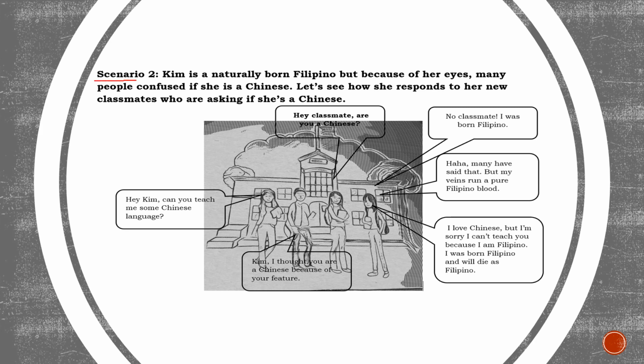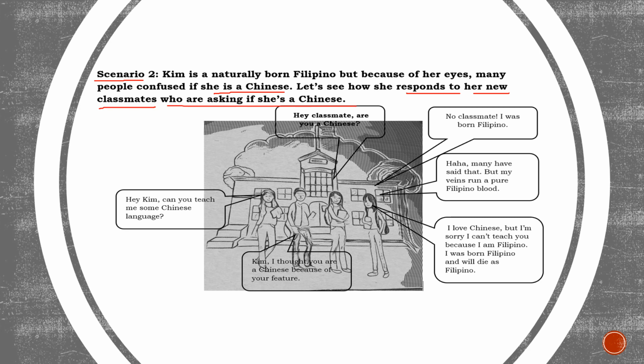Second scenario. Kim is naturally born Filipino, but because of her eyes, many people confuse if she is Chinese. Let's see how she responds to her new classmates who are asking if she's Chinese. "Hey classmate, are you a Chinese?" Then she replied, "No classmate, I was born Filipino."